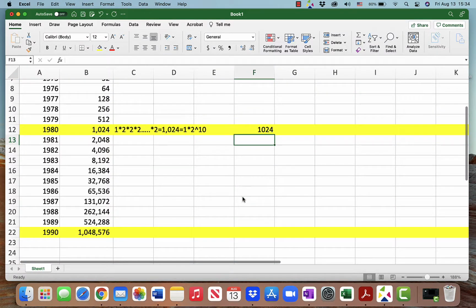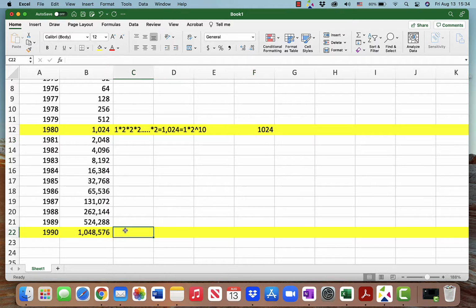Going down, instead of doing all these calculations, times 2 times 2 times 2, that pattern of multiplying by 2 continues. So here, we're starting with 1 and multiplying by 2 twenty times, because we're starting all the way from the beginning.